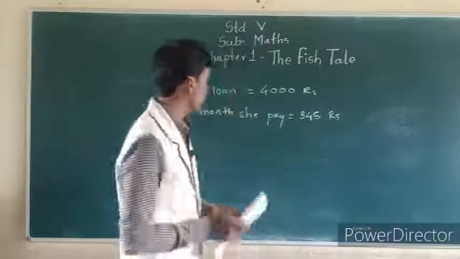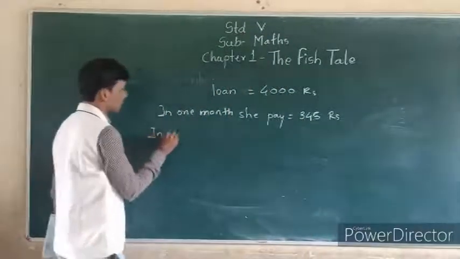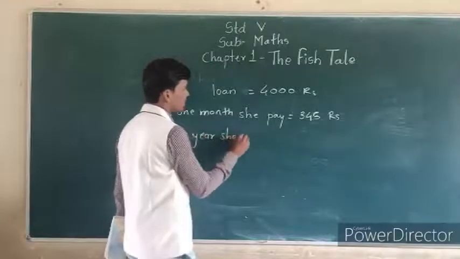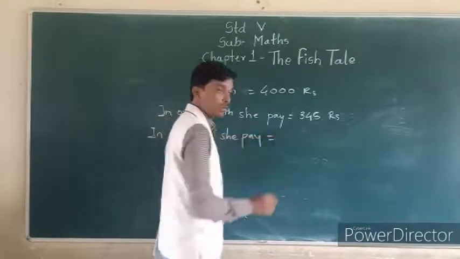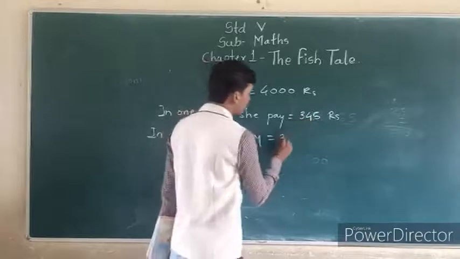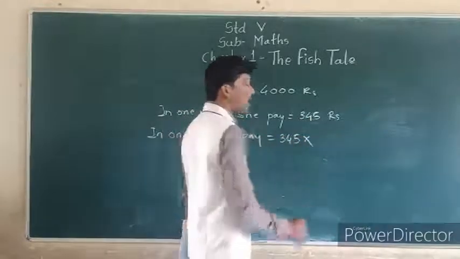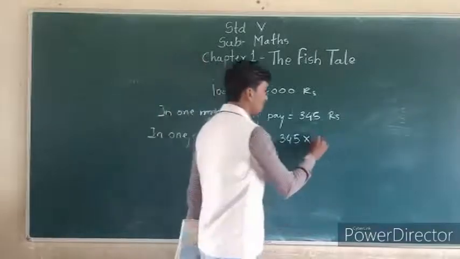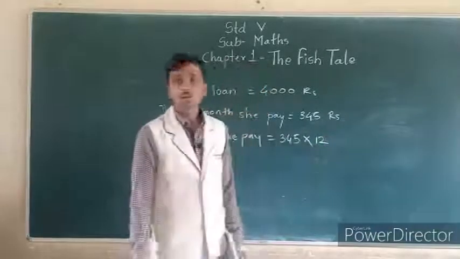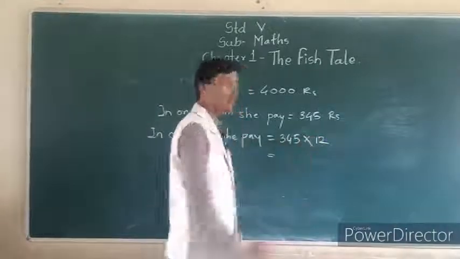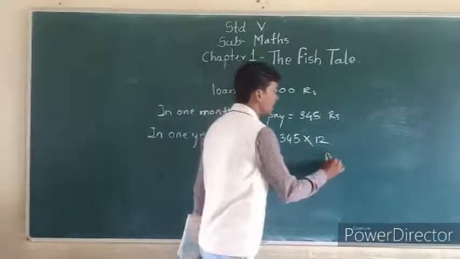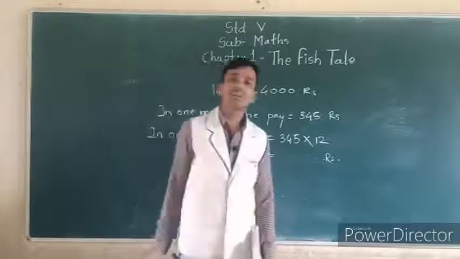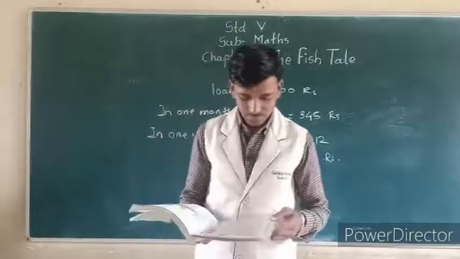Okay, so in 1 year she pay is equals to, in 1 month she can pay 345, and in 1 year how many months are there? 12. So multiplied by 12. When you have to multiply these two numbers, you will get answer. Okay. Do this multiplication and find the answer.